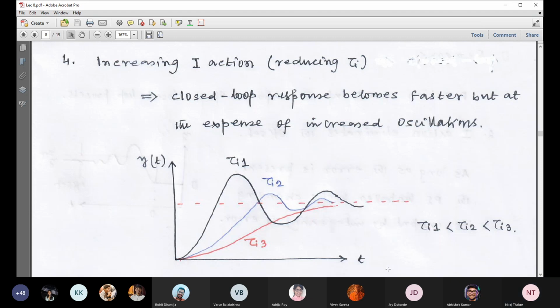Anyone? Offset. Yes, correct. Offset is the difference, you see. It is also mentioned that integral action eliminates the offset. I have mentioned before. That's why offset is not included in the y versus t plot with reference to tau I.